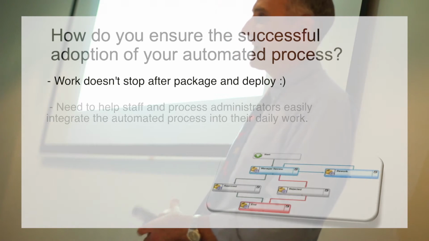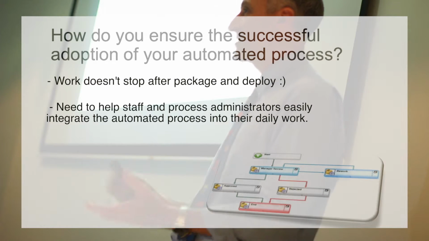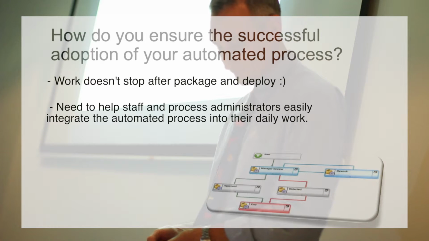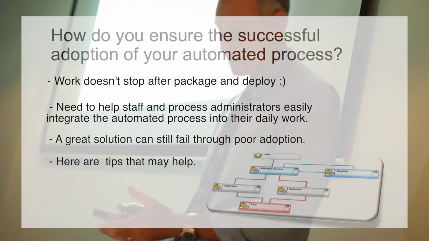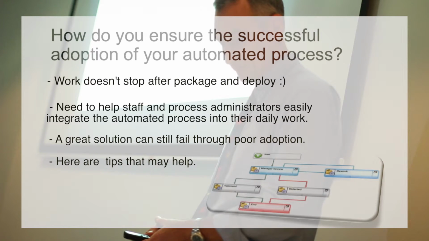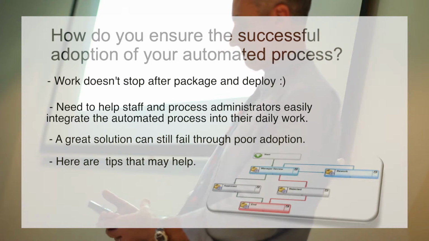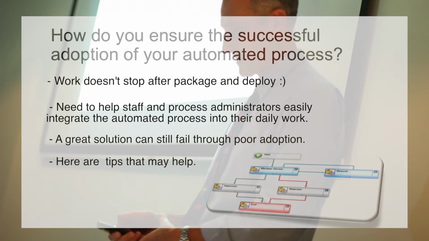You do need to consider how that automated process is going to be received by the staff using it and the business unit that might be managing it. You can still have a technically great solution, but they can fail through poor adoption. So I'm going to share with you 5 tips from the lessons that we've learned along the way that might help you.